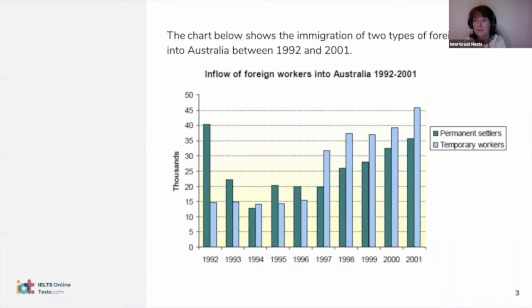This is part of your planning, and it's very important to spend a couple of moments making sure that you understand what the chart is about, what the measurements are, what the key corresponds to. A lot of people make mistakes with the measurements, and that's going to lose you a lot of marks in task achievement.